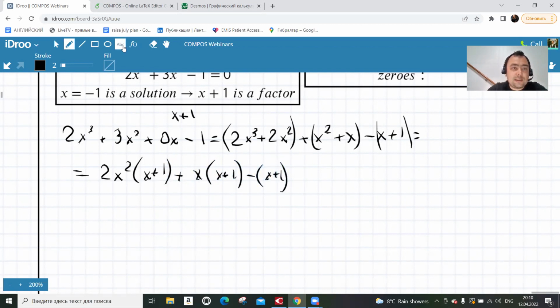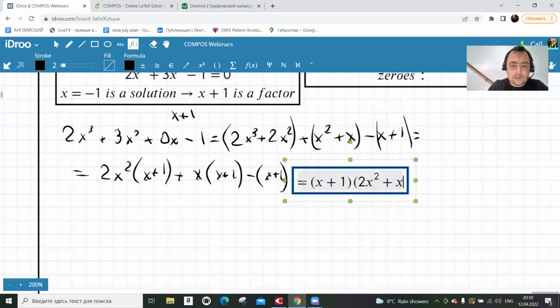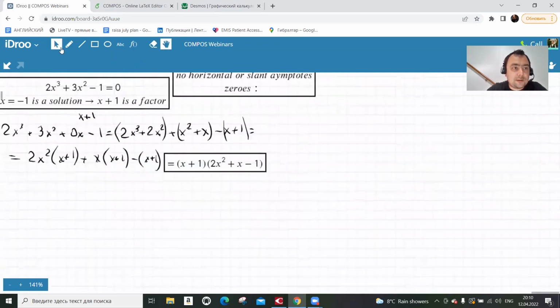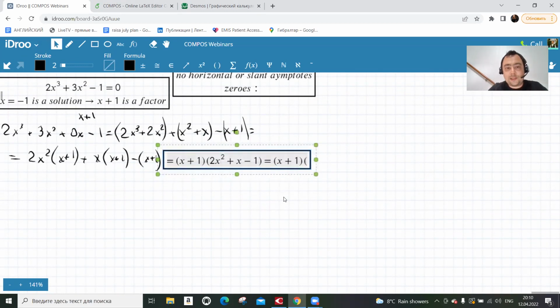So this can be written as x plus 1, open bracket, 2x squared plus x minus 1. And of course, because you can factor out the other bit, the other half, it's going to be x plus 1, and then 2x squared plus x minus 1.